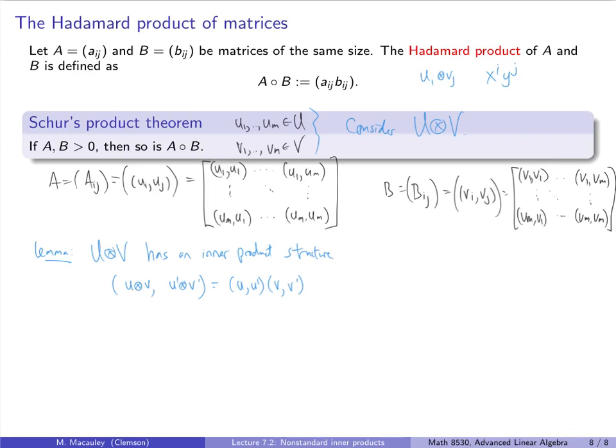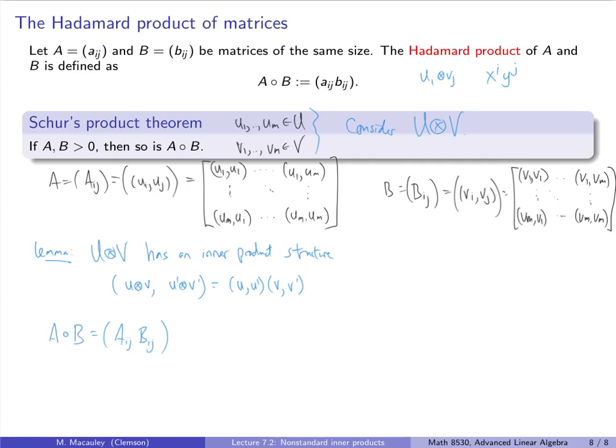Okay, so now what? We're trying to show that the Hadamard product of A and B is positive. So this is Aij times Bij, and that's just the product of ui dot uj and vi dot vj.